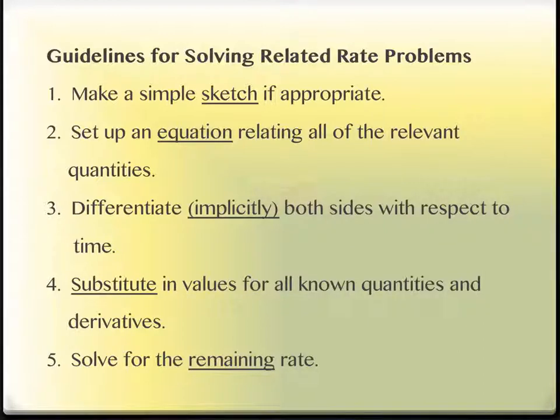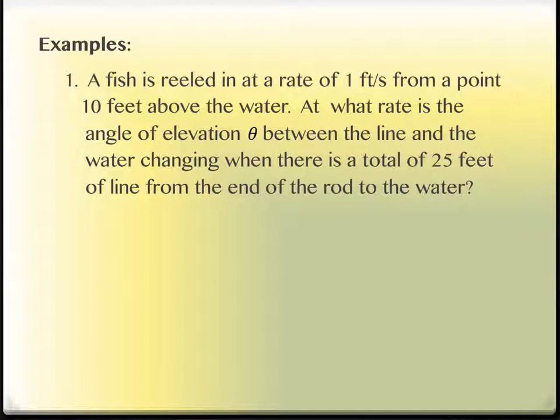All right. I think an example would make a lot of sense, don't you? Because you still don't know what I'm talking about, right? No idea. Okay, here's an example. A fish is reeled in at a rate of 1 foot per second from a point 10 feet above the water.